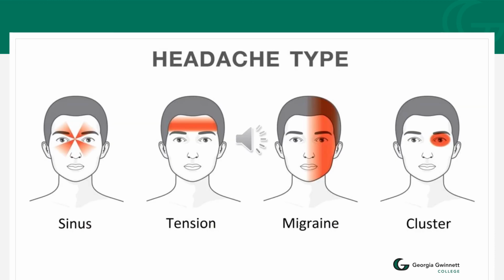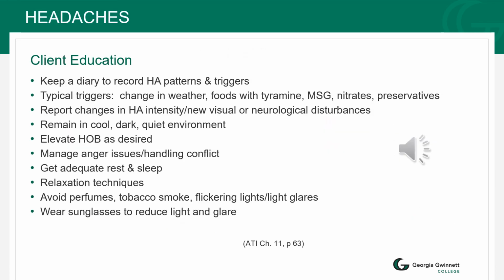Here's a picture of where the ache in the head will manifest in the sinus tension, migraine, or cluster headaches. Clients need to be instructed to keep a diary to record the patterns and the triggers when their headaches are coming on.